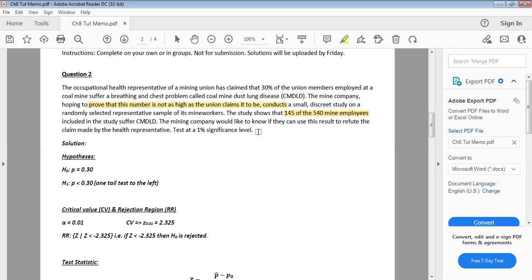The mining company would like to know if they can use these results to refute the claim made by the health representative. So the claim is to prove that this number is not as high as the union claimed.